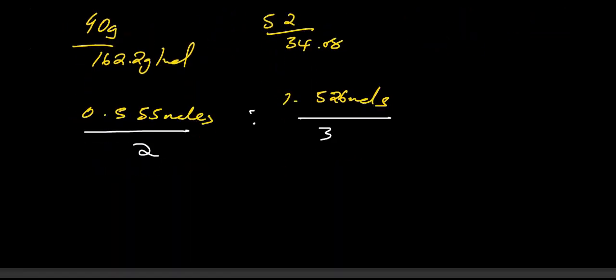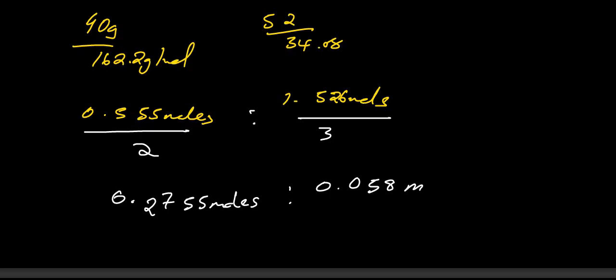So you get what number here if you divide the first one by 2? 0.2775. Then the other one will be what? 0.508.